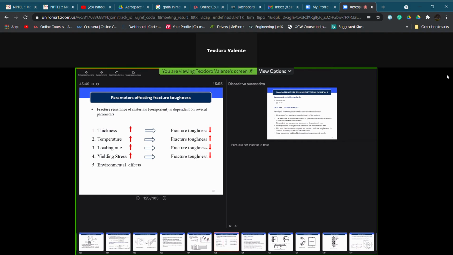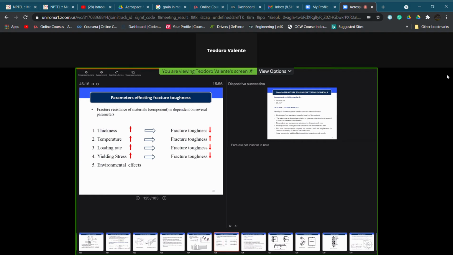Here I have reported a synoptic representation, qualitative, obviously, for you. If we increase the thickness, the fracture toughness is going to decrease. If we increase the temperature, the fracture toughness is going to increase because the material is becoming more strain tolerant. If we increase the loading rate, the fracture toughness decreases.